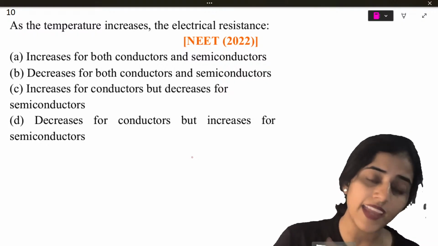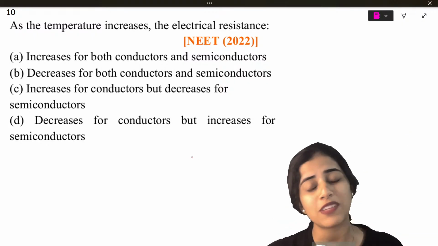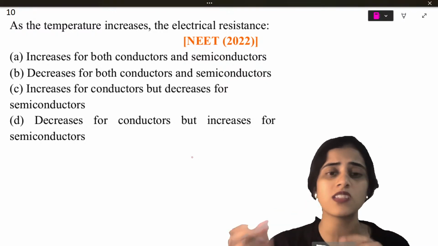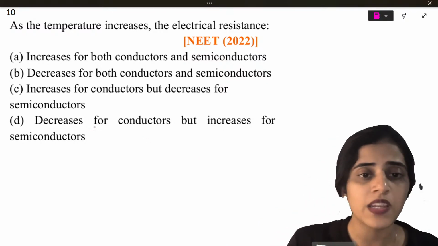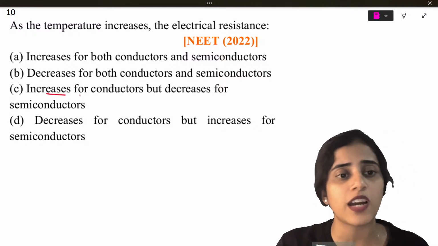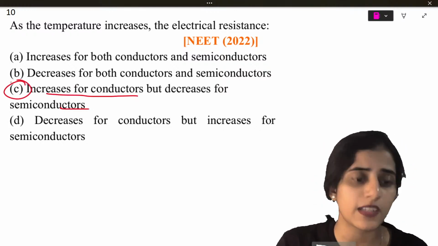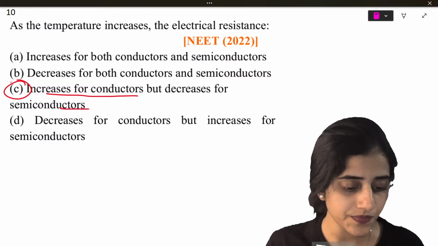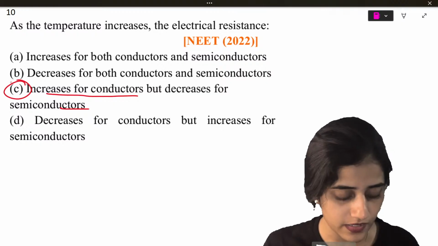So they gain energy and they conduct more electricity when temperature increases because they can break bonds and form electrons and holes. So the answer is going to be increases for conductors but decreases for semiconductors, which is option C. Okay? Are you all with me here?